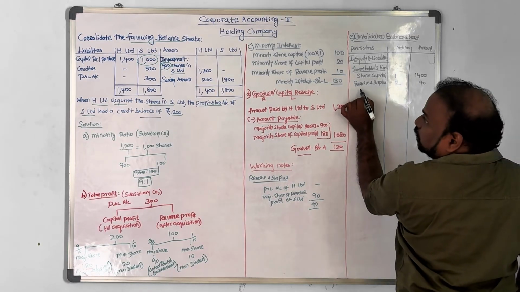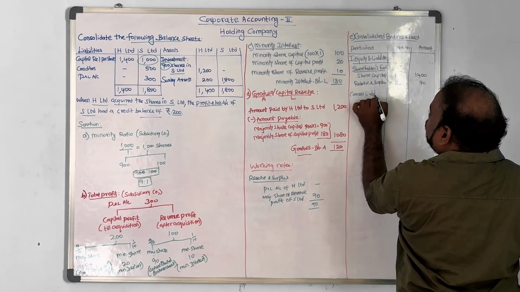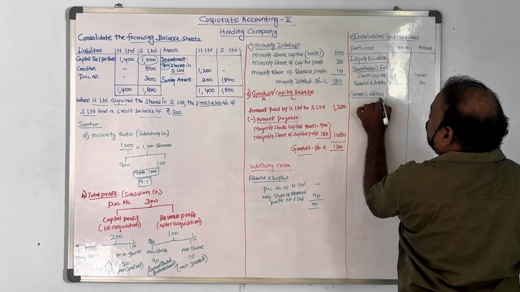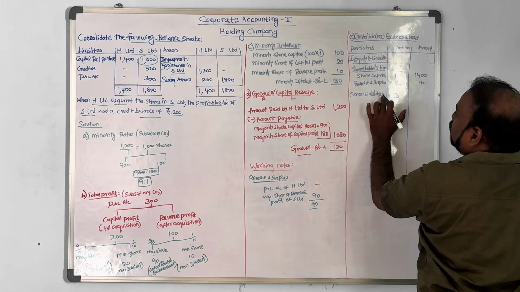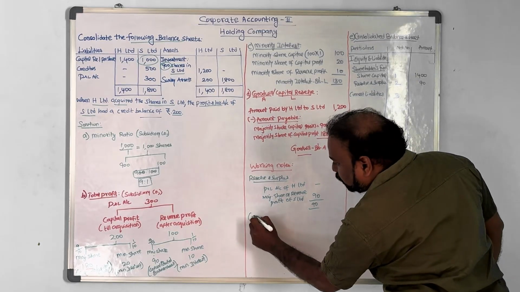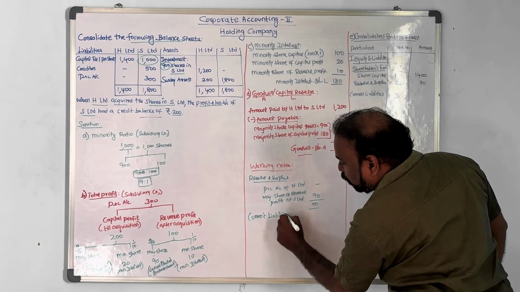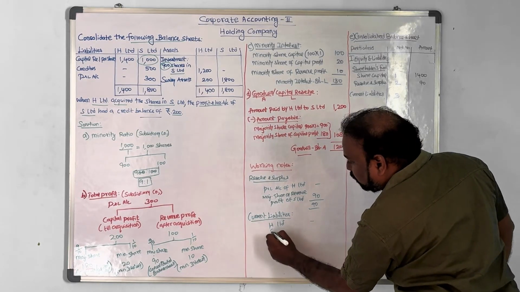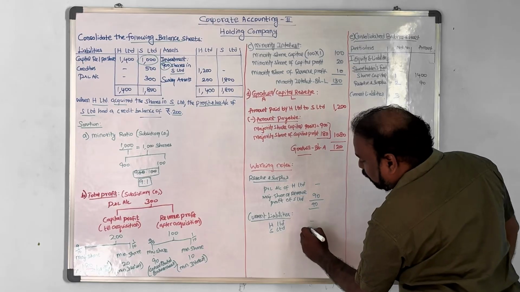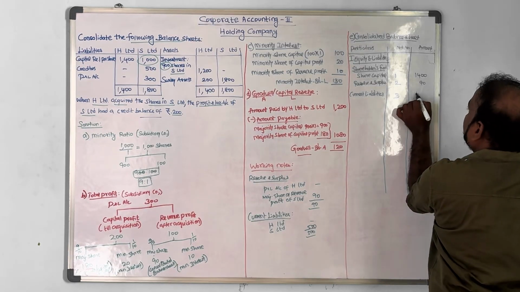Then next is current liabilities, that is also note number 3. Current liabilities: H Limited nil, S Limited 500. When you add, you get 500.